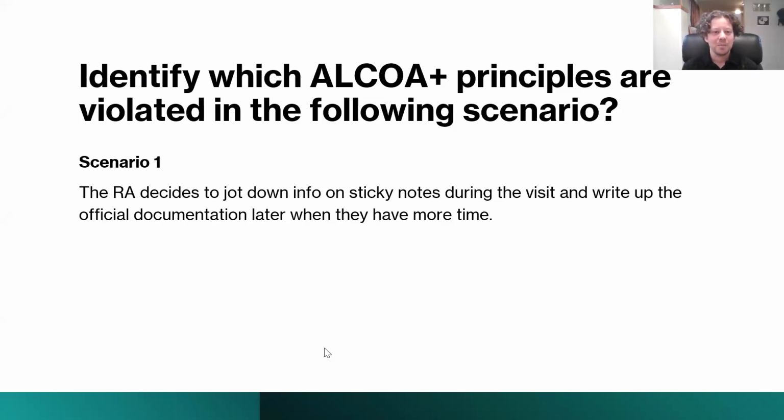Please, either in the chat or just shout out, help me identify which ALCOA principles are being violated in this scenario. Full disclosure, all of these scenarios are at least loosely based on real scenarios that we've seen, and this is one that I myself have been guilty of back when I was a coordinator. So we all make mistakes, and hopefully all of us are improving all the time.